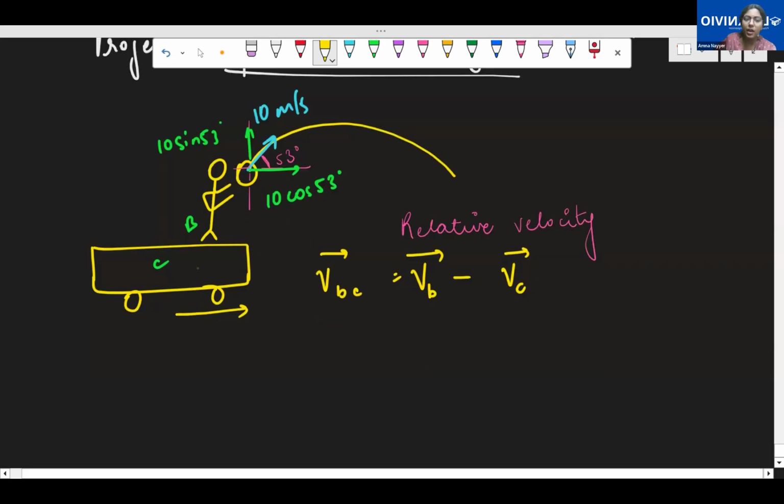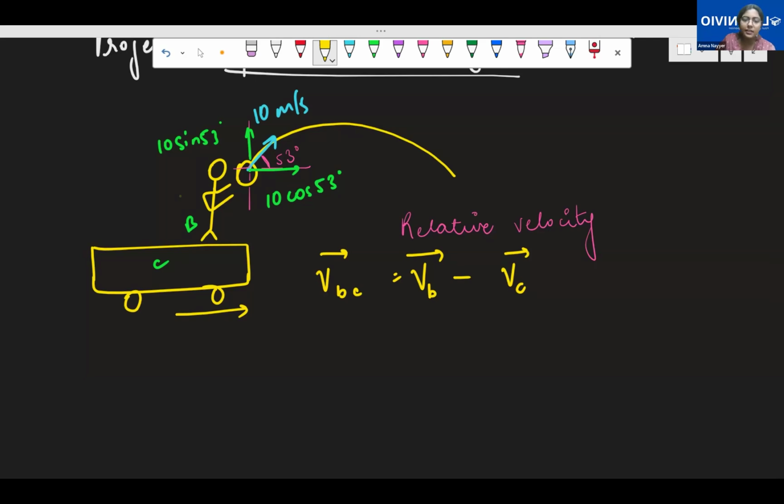Or from here, if you have the relative velocity, VB vector will be equal to this VBC vector plus this VC vector. So from here, I'll be able to get the velocity of the boy, even if I don't know what's the velocity of this ball.